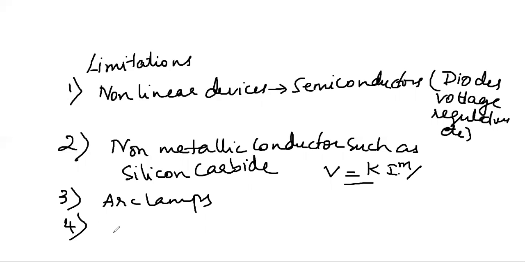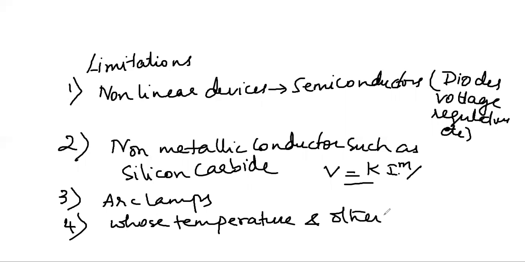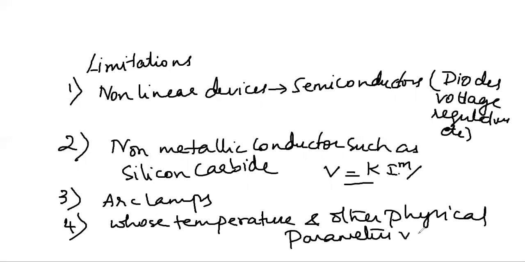The fourth limitation is it is not applicable to the circuits whose temperature and other physical parameters vary, because Ohm's law is applicable only for the circuits where temperature and other physical parameters remain constant.